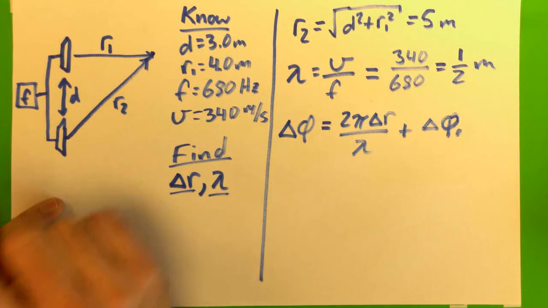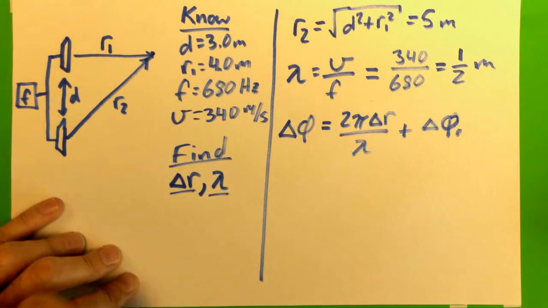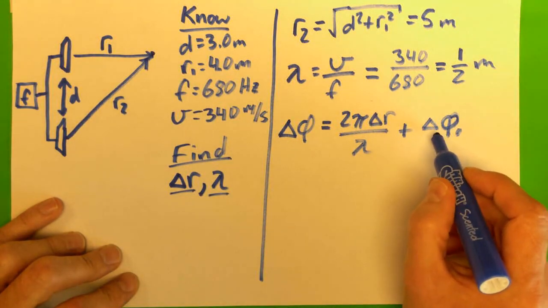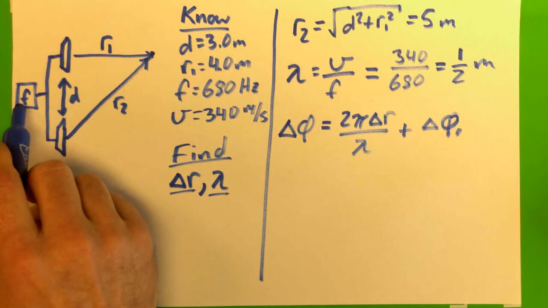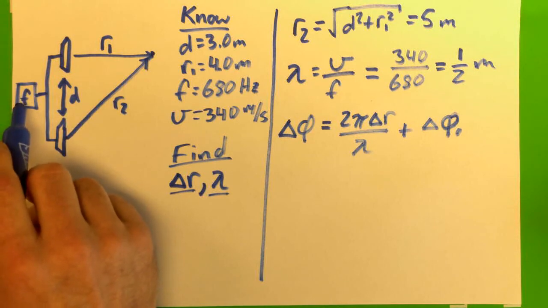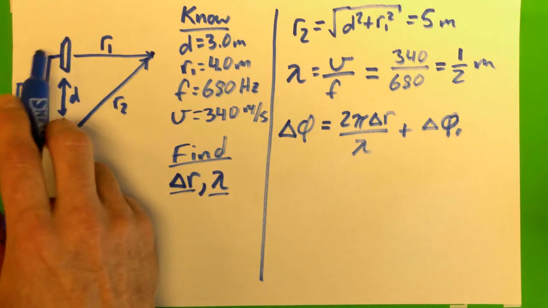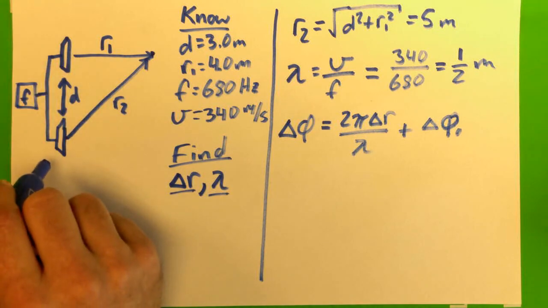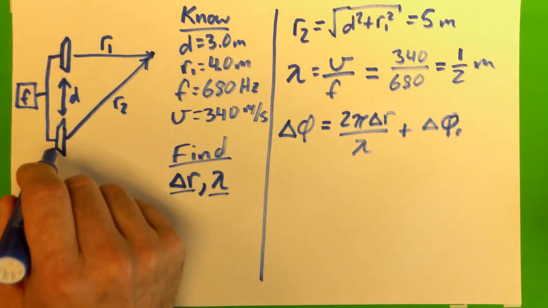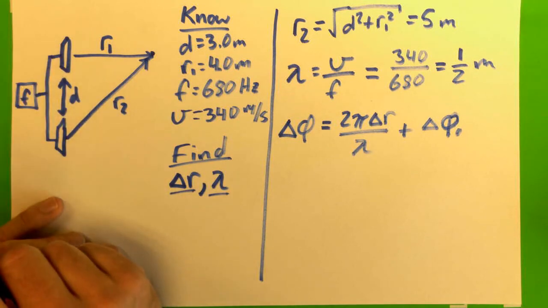Now I haven't drawn any waves here, but there's something about this that tells me what the value of this is. The frequency is generated by some box, some device, that's sent simultaneously to both speakers, which means this speaker is receiving the same signal as this one at the same moment of time.